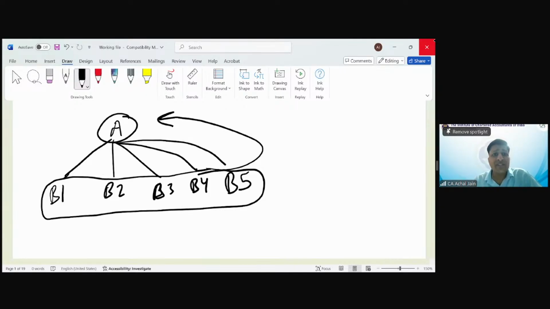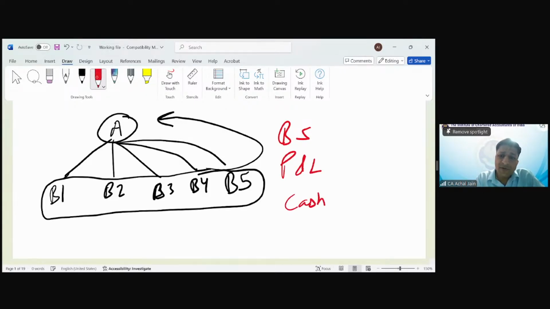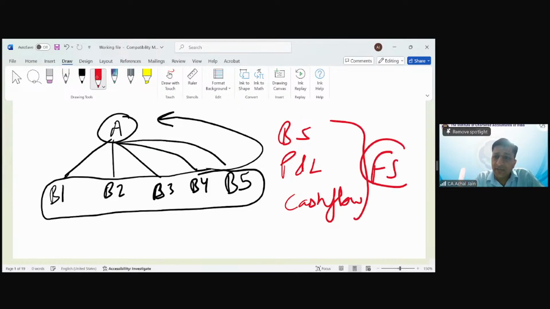Now, as an investor, what do you want? You want to look at the picture that if, let's suppose, this sort of structuring will happen, how is the balance sheet going to look like? How is the P&L going to look like? How the cash flow is going to look like? Or maybe you want to look at the financial statements. Once you have this thing in place, correct?